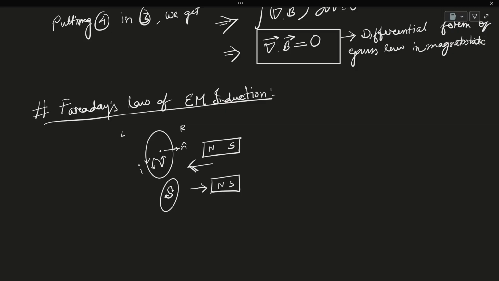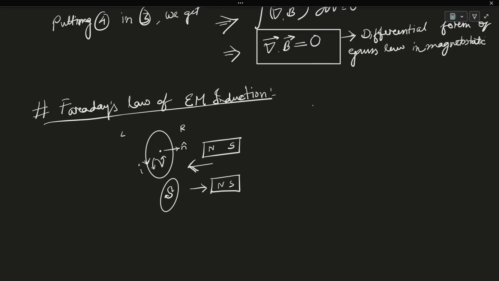Okay, so when there is a relative motion between this loop and the bar magnet, what will happen? There will be a current flow in the closed loop. That means there will be an EMF generated.